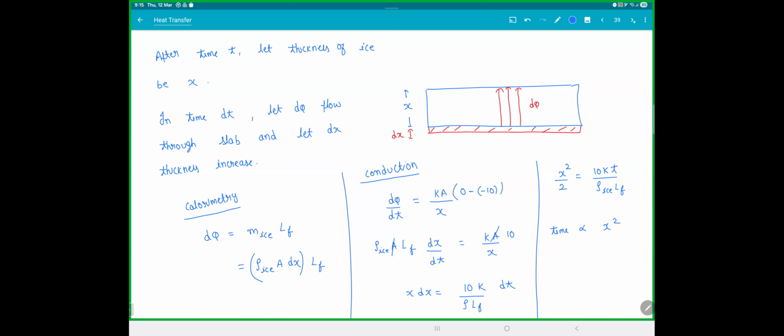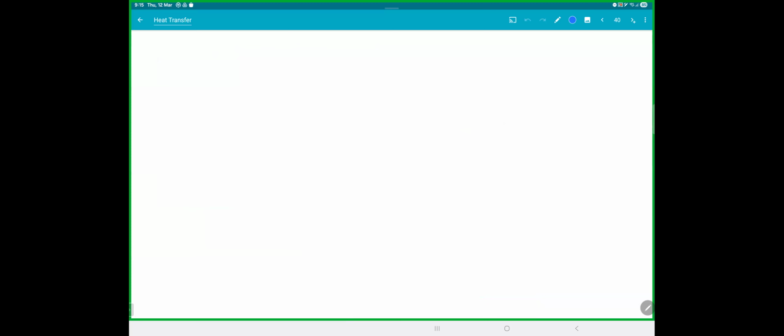Clear with this? So what is the question? Find the ratio of time taken to form the first meter, the second meter, of the thickness of the ice slab.